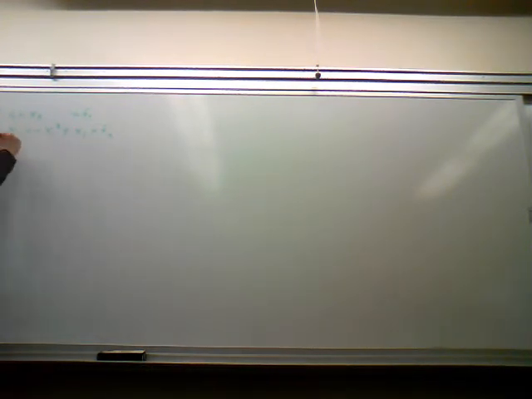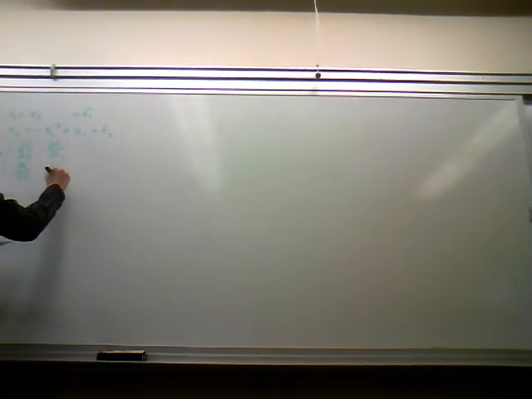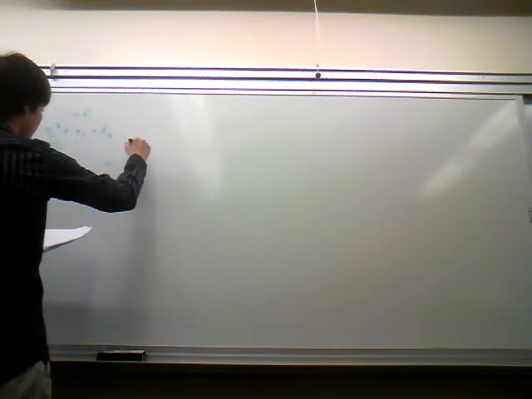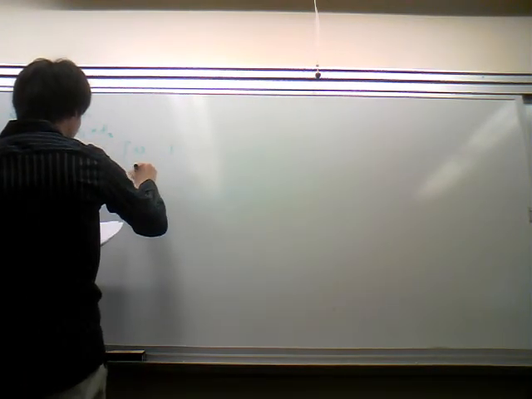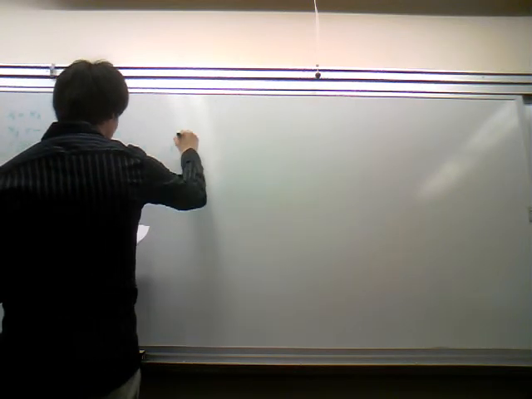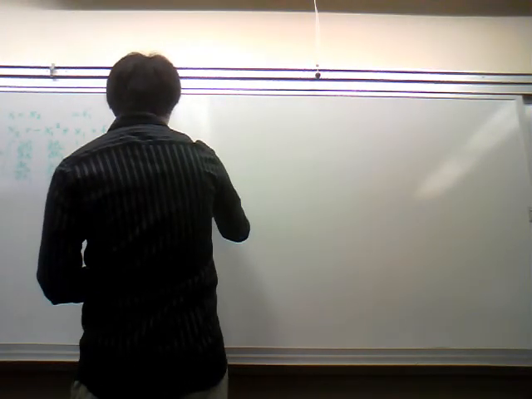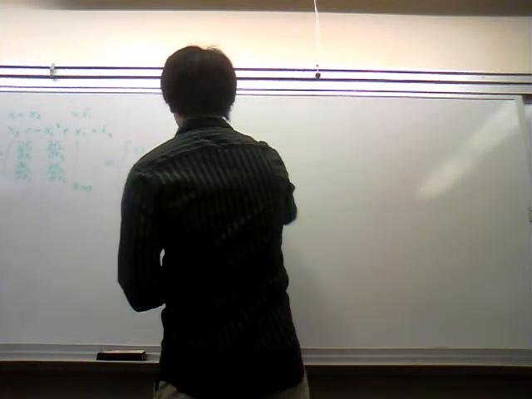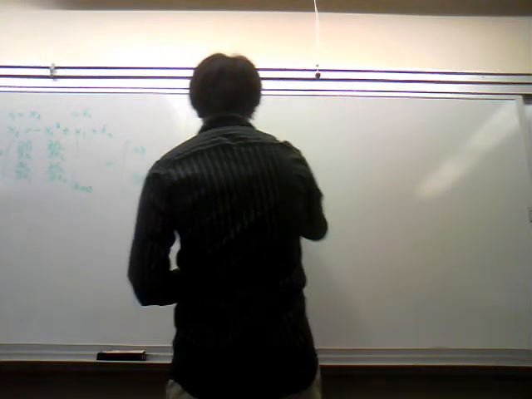So your A is the Jacobian, the partials of f1 and f2 with respect to x1 and x2, evaluated at x equals 0. So what do we get? 0, 1, 1, 0.